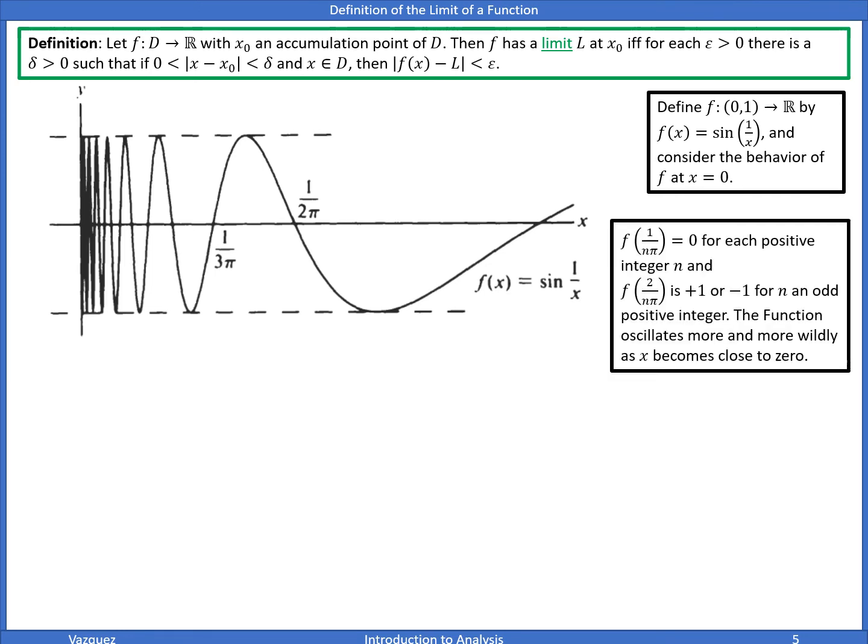With this function, f of 1 over n pi is always equal to 0 for any positive integer n, and f of 2 over n pi is either positive 1 or negative 1 for n an odd positive integer. And if you notice, the function oscillates more and more wildly as x becomes close to 0, right? So as we go from right to left, approaching 0, this function oscillates more and more.